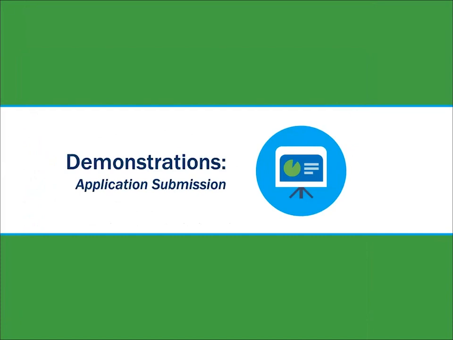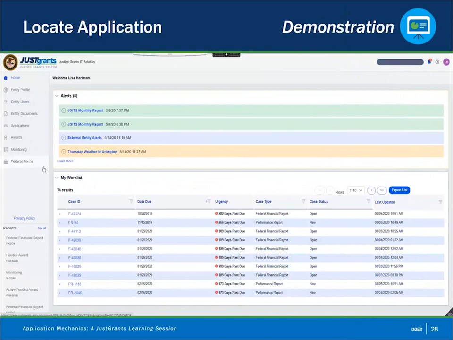Thank you, Stacy. First, I'd like to walk through a demo on how to locate an application in JustGrants. Typically, you'll find an application in JustGrants within 24 hours of submitting the SF424 and SFLLL from Grants.gov.